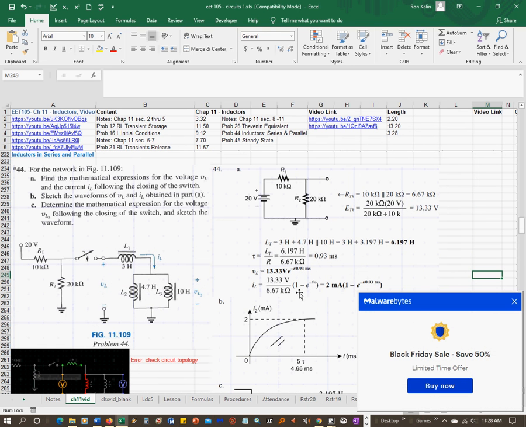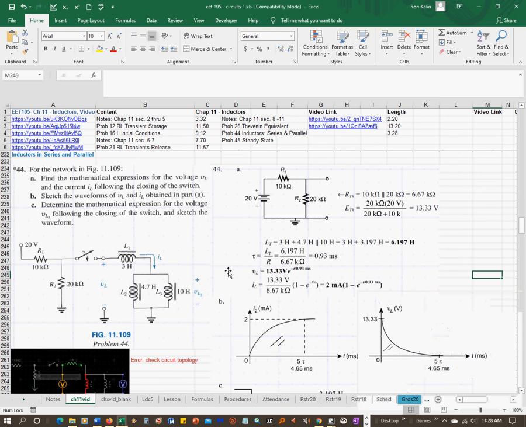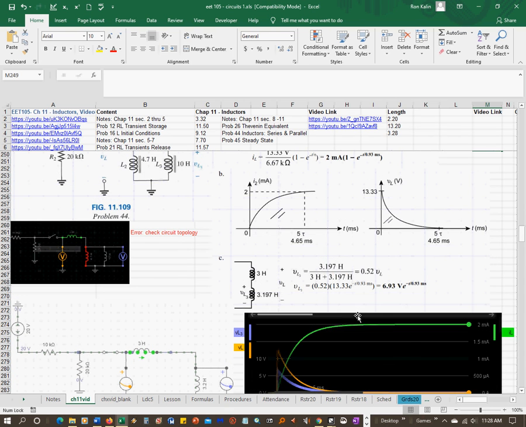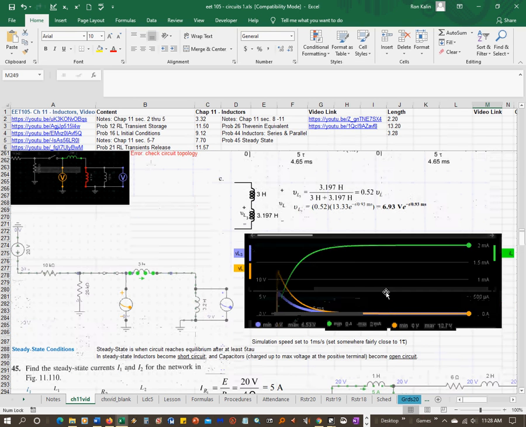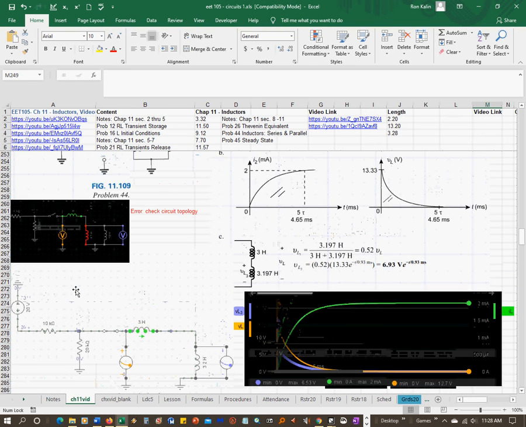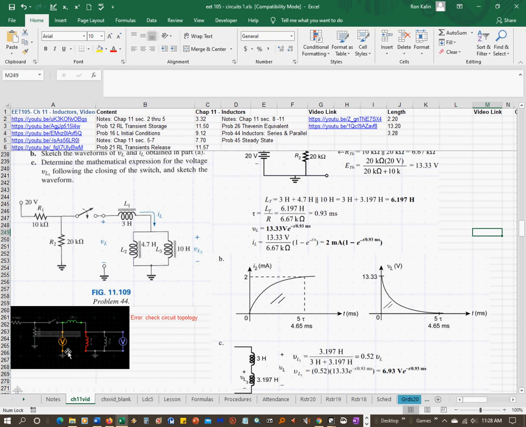And it's just asking you for the expression and to sketch the waveform. The waveform is going to look exactly like this waveform, only instead of the 13.33 value, it'll be the 6.93 value. And I also drew this circuit just as it was, just to show you. When I tried to put these two inductors in parallel, it said error, check circuit topology.